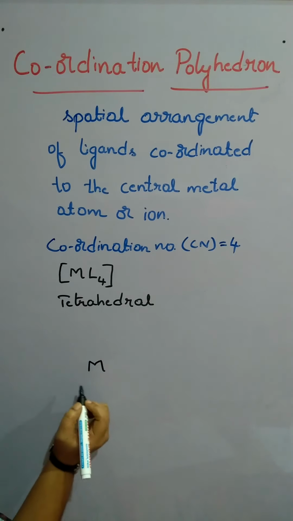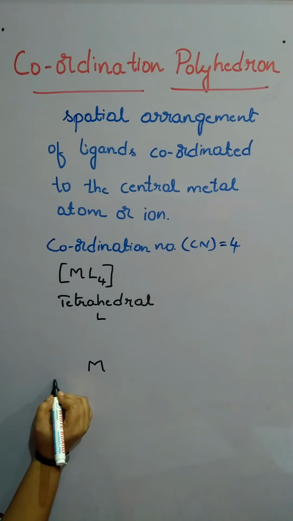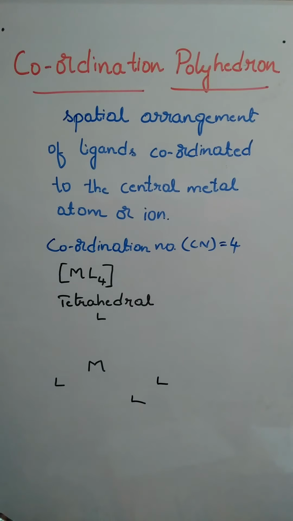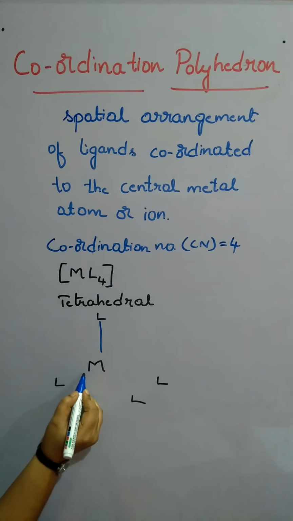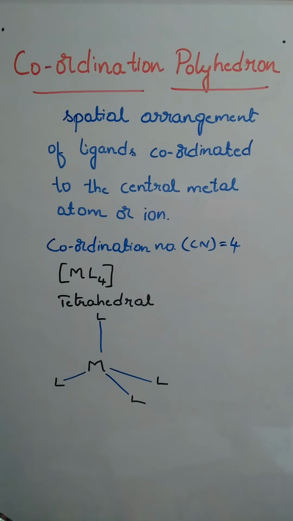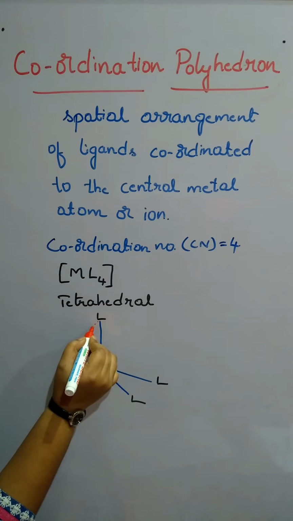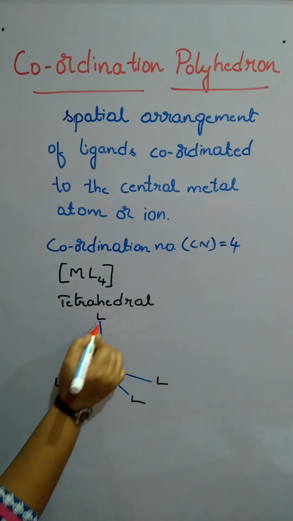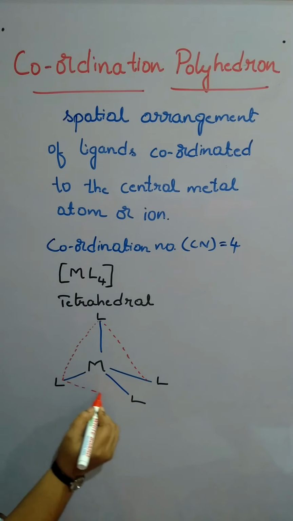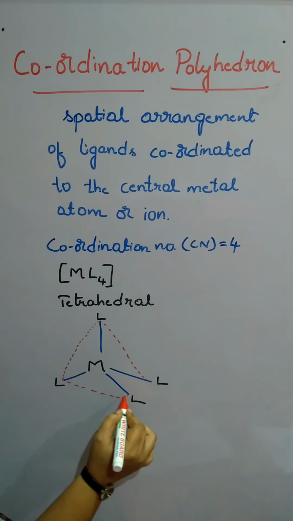So M is bonded to 4 ligands in a tetrahedral manner. If you join all the ligands with one another, then it is going to form a tetrahedron.